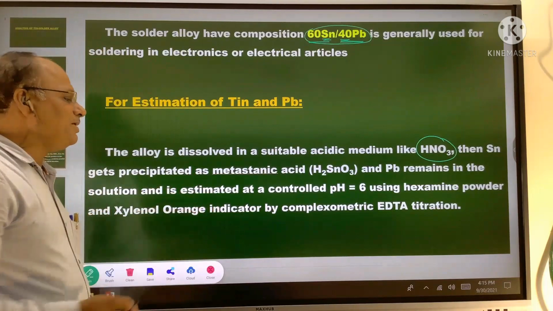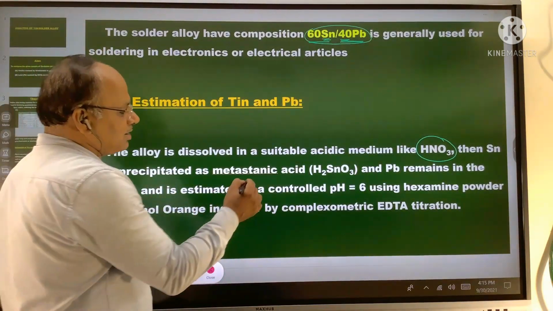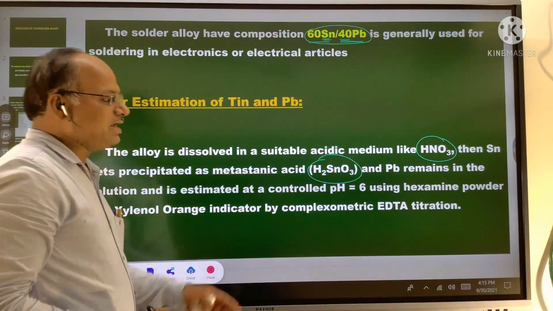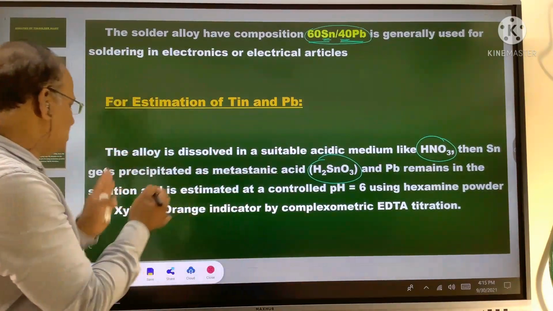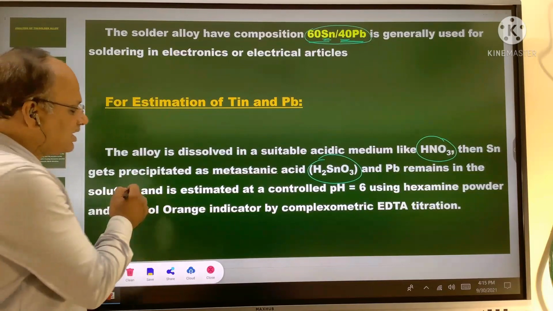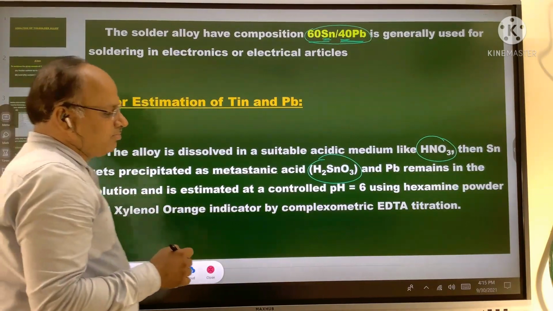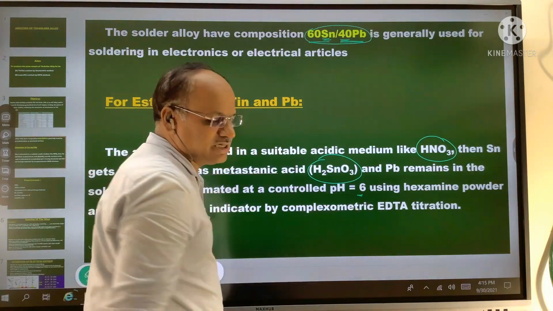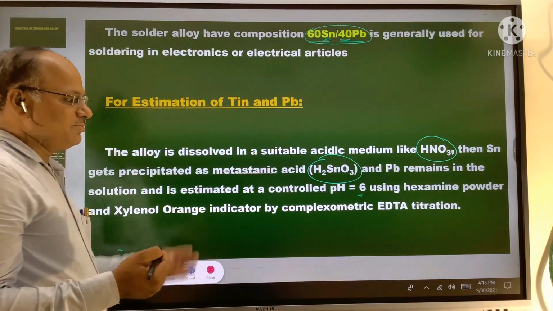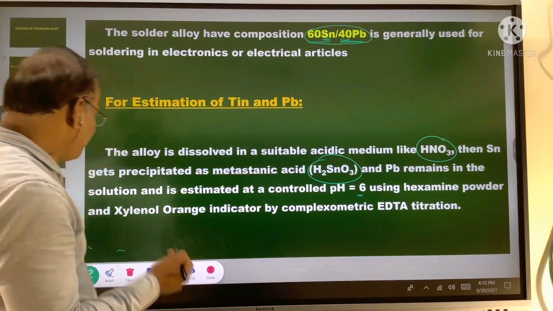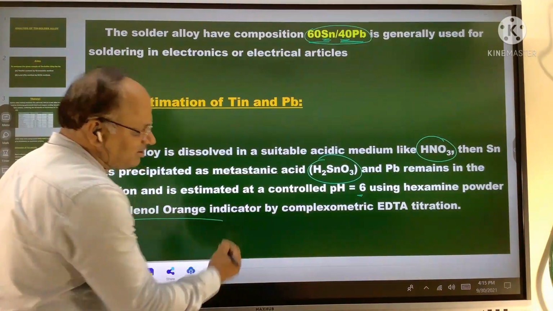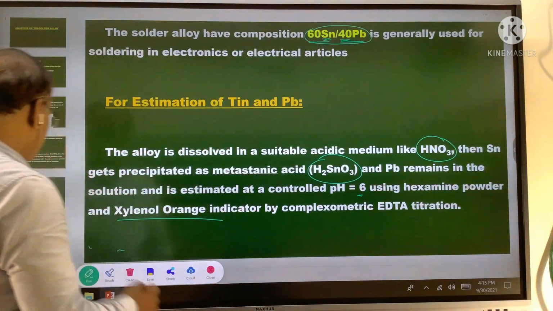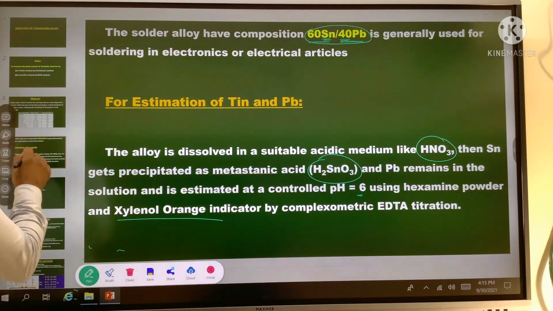Then tin will be precipitated as metastannic acid, that is H2SnO3, and lead remains present in the solution. Then that lead is estimated by using controlled pH of 6, hexamine powder and xylenol orange indicator by complexometric EDTA titration.